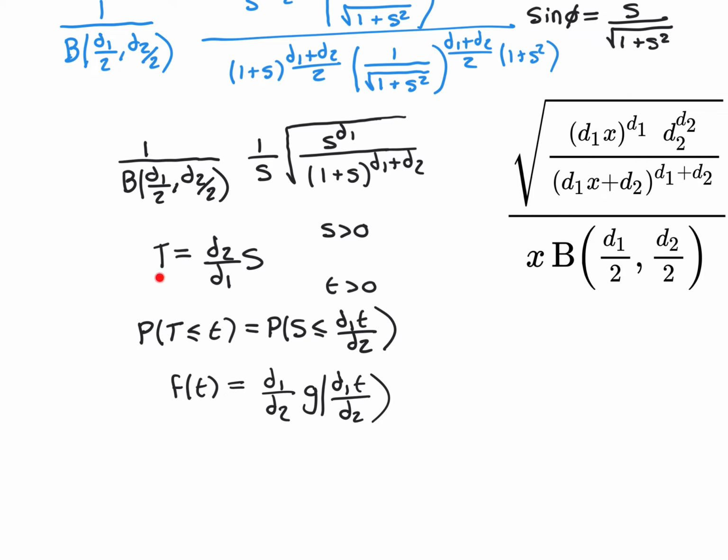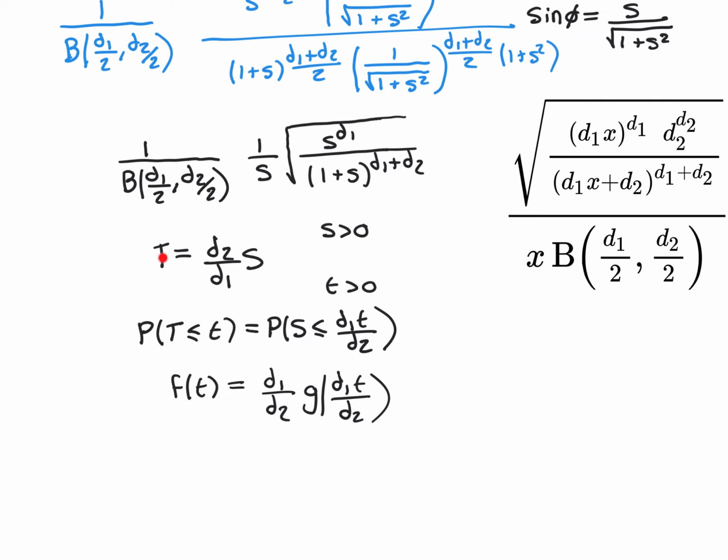Right, so let's think about how you transform the PDF for this positive part of the range space when we're just multiplying by a positive real number. Again, we can derive this result thinking with the CDF. If we take some little t, which is a positive real number, and we think about the probability that big T is less than or equal to little t, let's think about what range of s values would satisfy that.